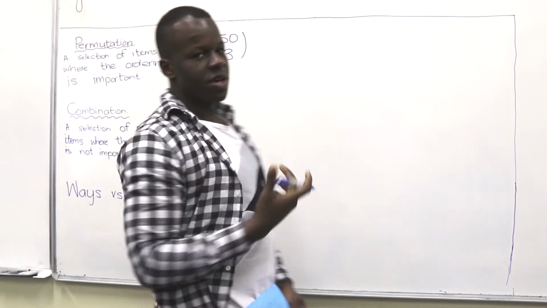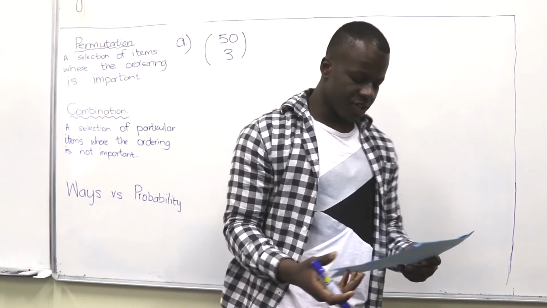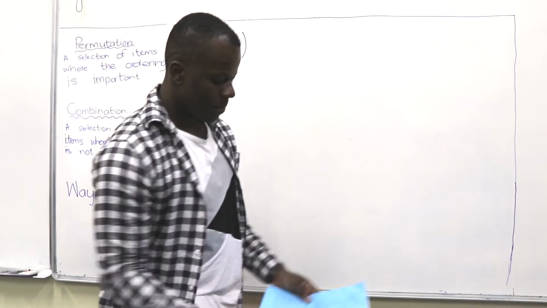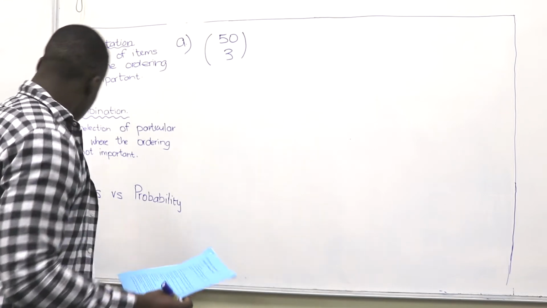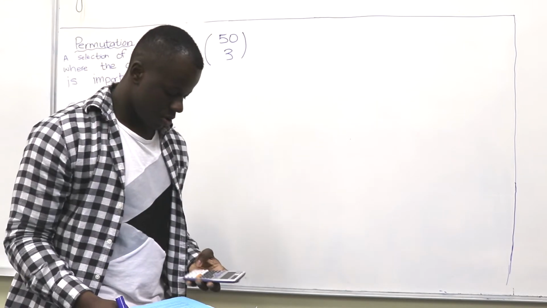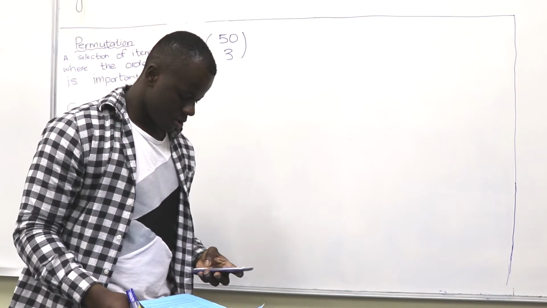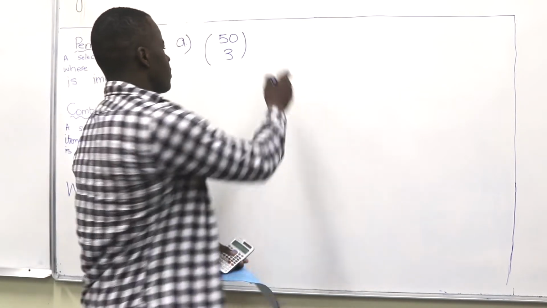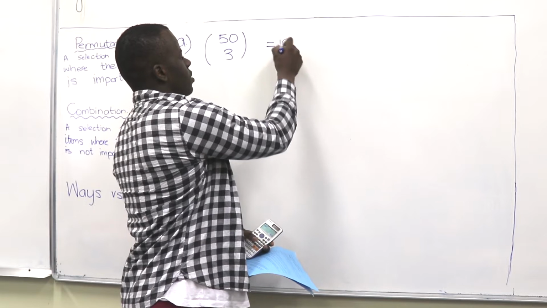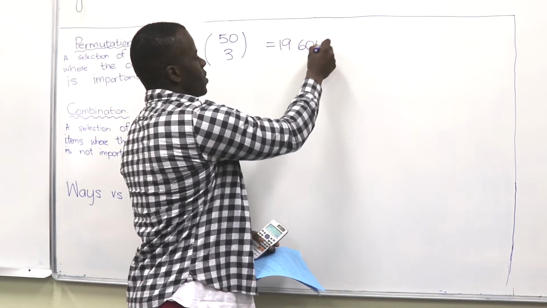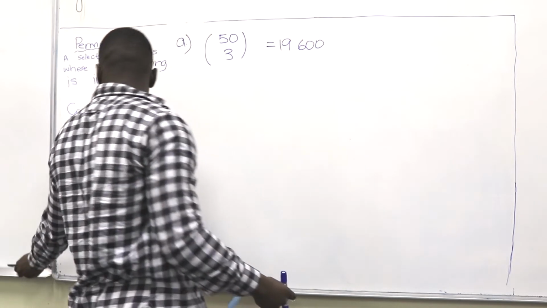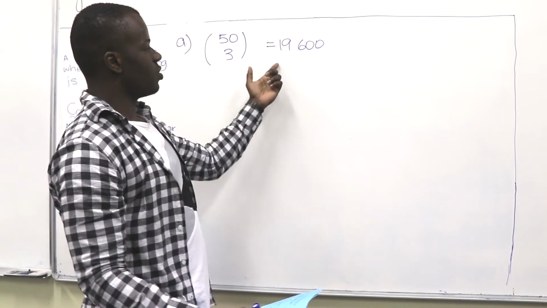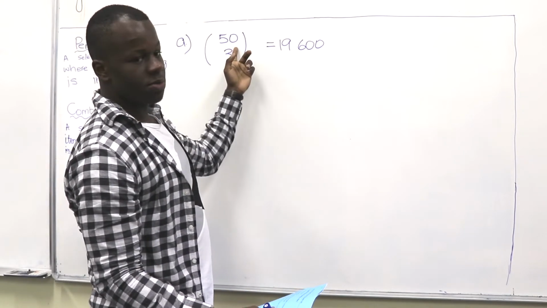This will just give us a basis for the rest of the question, as you'll see later. It's going to be 50 choose 3, and that's 19,600. So there are 19,600 different ways you can choose 3 winners from a group of 50 people.